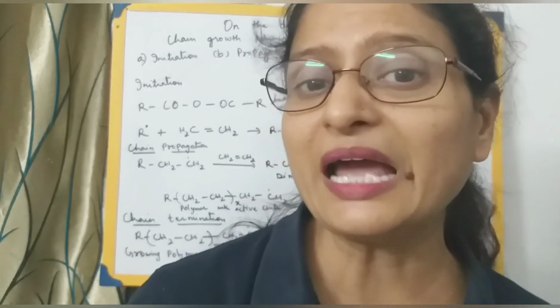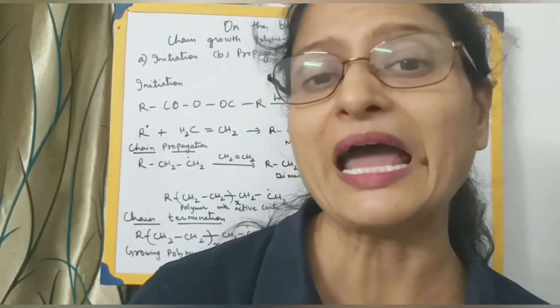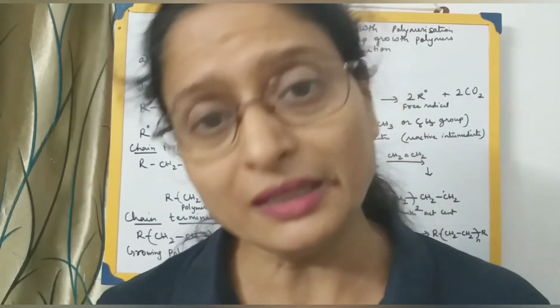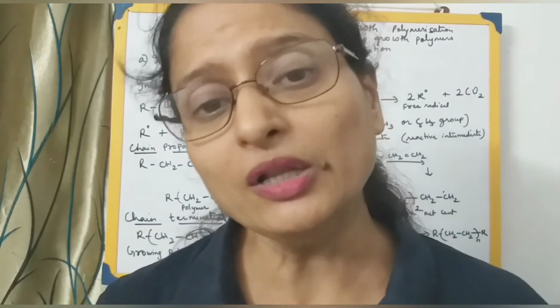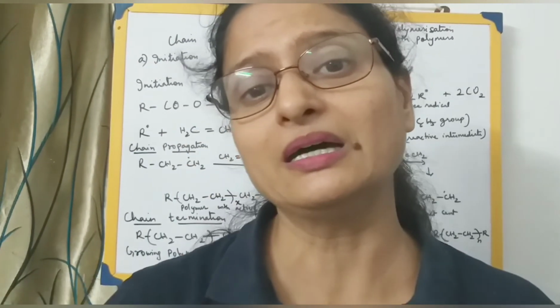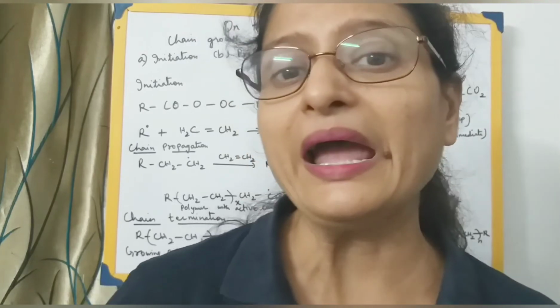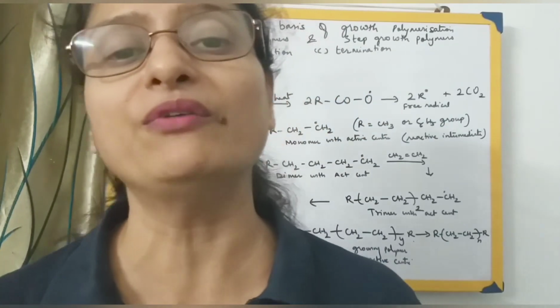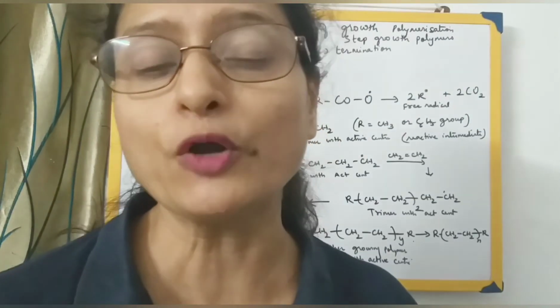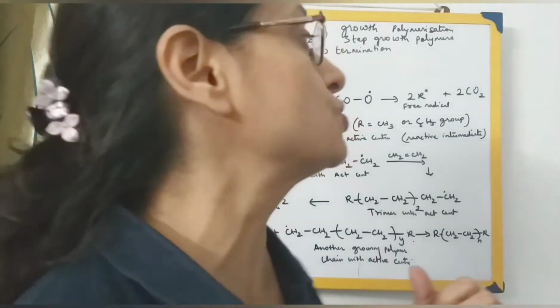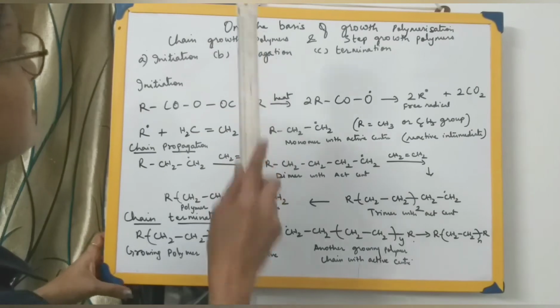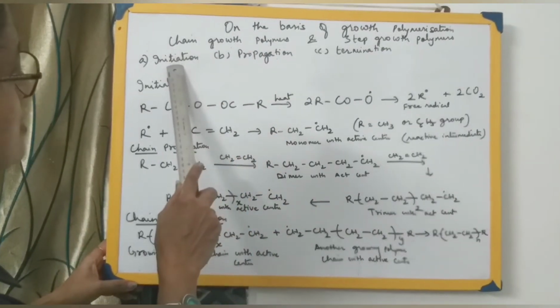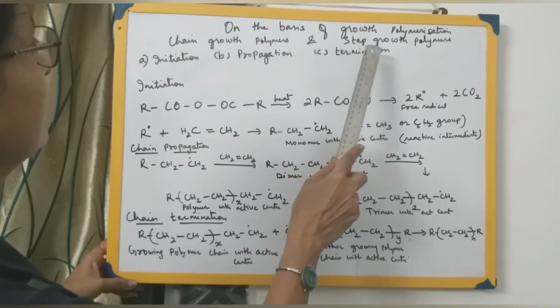Once the reactive centers are formed, they attack another monomer unit. This way the chain keeps on growing, and in the end that growing chain has to be terminated, stopped somewhere, and that process we call chain termination. So again, chain growth polymerization involves three steps: initiation, propagation and termination.